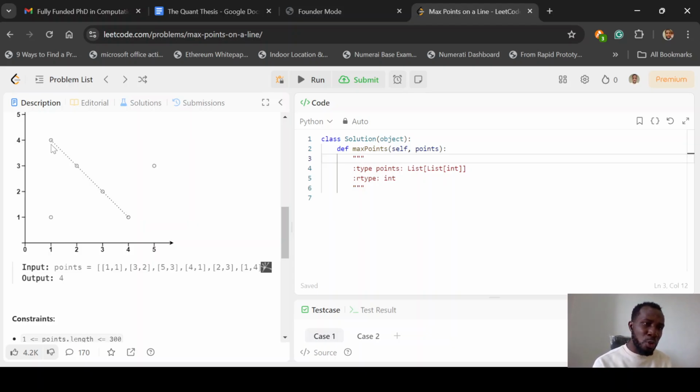So, for example, the slope from point 4 to point 3 is the change in y over the change in x, where x changes positively and y changes negatively by one. So the y over the x is minus 1 over 1.